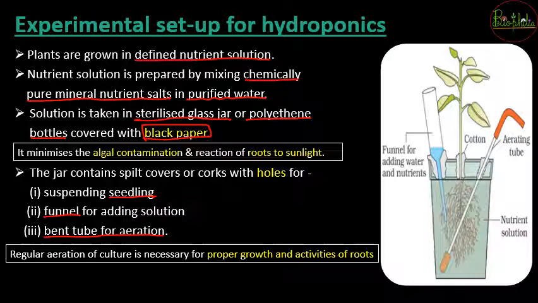So in this little photograph you can understand the entire experimental setup कि कैसे the plant is going to be placed in a particular space, फिर कैसे aeration tube डाली जाती है into that nutrient solution, and there is going to be a funnel for adding the nutrients that the plant needs, or even for changing and adding nutrient solutions. So that was a little experimental setup that hydroponic culture is showing.